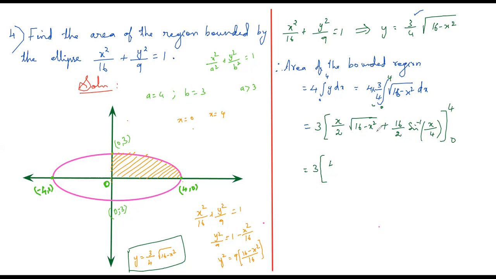When you substitute 4, this term becomes 4 4s are 16, so it is 16 minus 16 which is 0. So x by 2 into 0 is 0. When you substitute 4 in the first term, the first term becomes 0. And then you substitute 4 in the second term. It is plus 16 by 2, which is 8, sine inverse 4 by 4, which is 1. So you can write it as sine inverse 1. And now this is the upper limit.